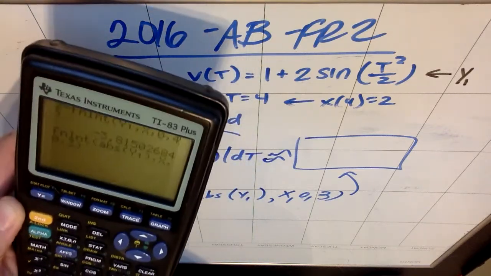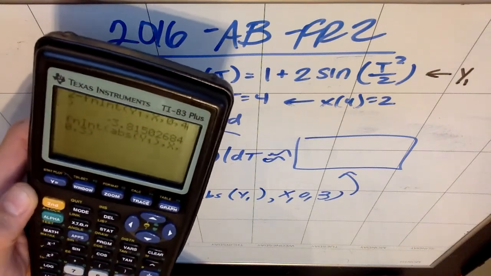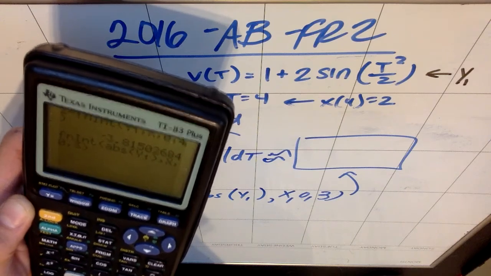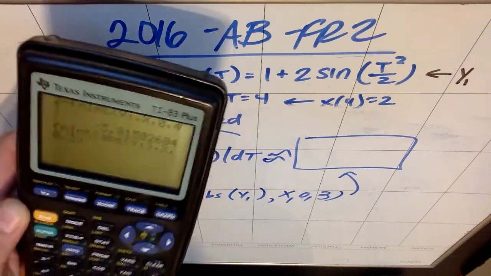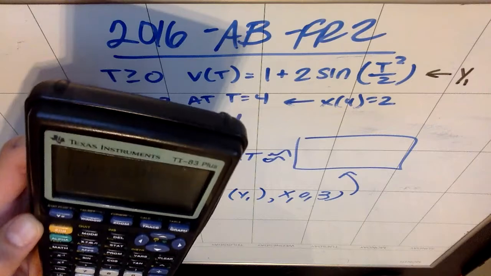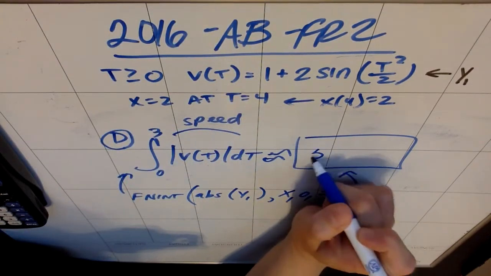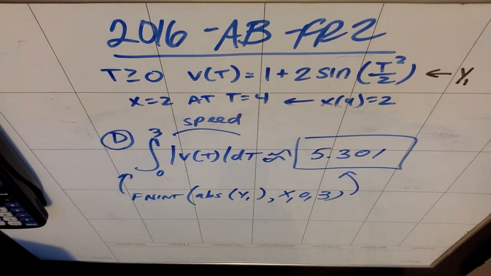And I hit enter. And then we just wait, because sometimes it takes a while. Still happening. That's why you're happy that your calculator's doing it. And you get 5.301. The end.